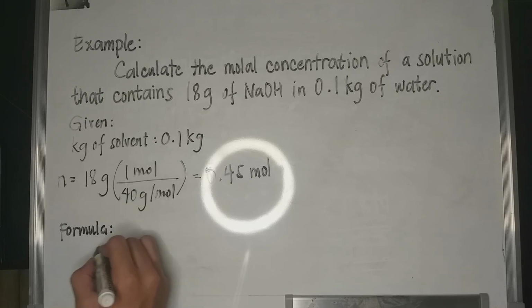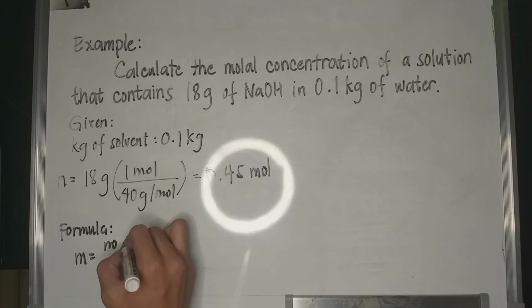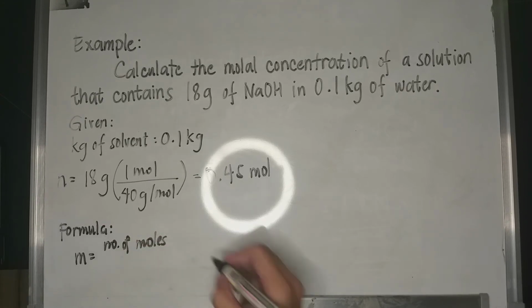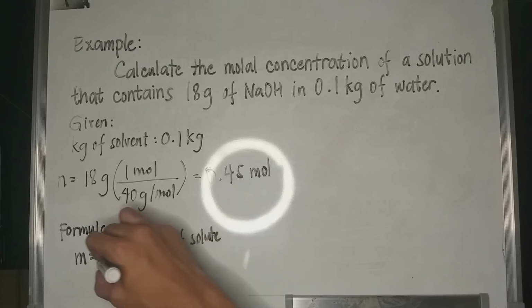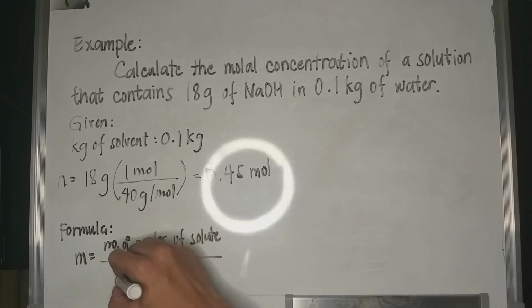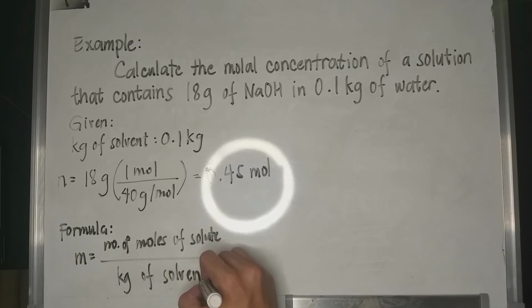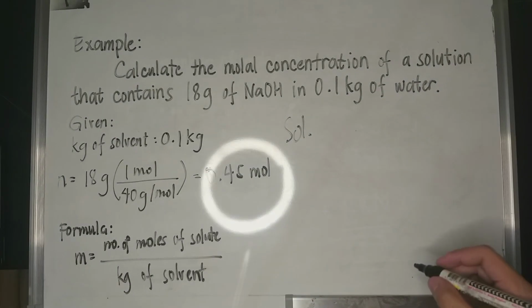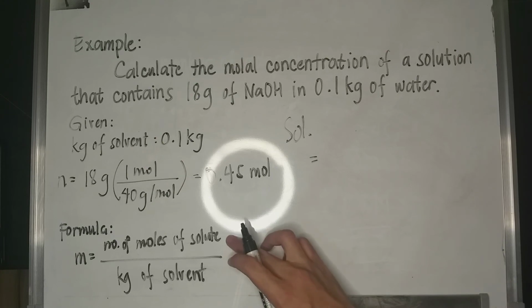Then, let's write the formula. So, the formula is small letter m equals number of moles of solute over kilogram of solvent. Then, solution. Let's solve it. So, substitute the given to the equation. What is the number of moles of solute?